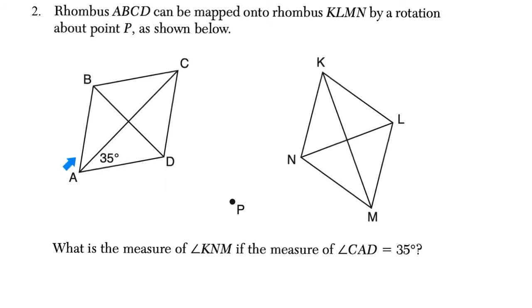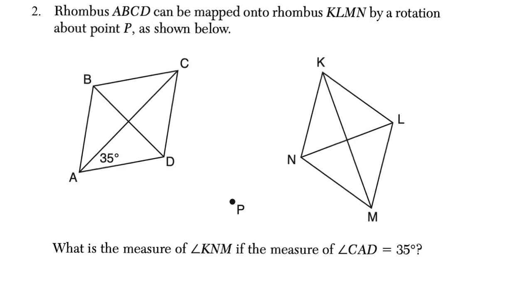Okay, well, since ABCD is going to be rotated onto KLMN, I'm just going to go ahead and label where each vertex from ABCD will land on KLMN.